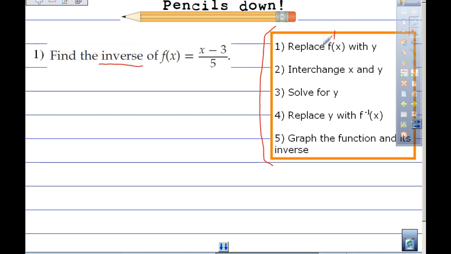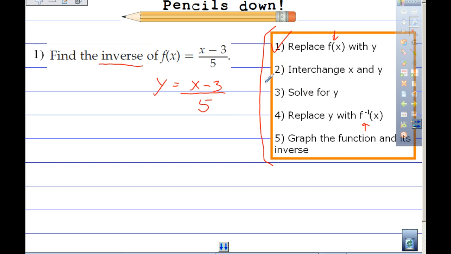Now, we are starting off with f of x, and we're going to end up with f inverse of x. We don't say f to the negative 1. We pronounce this the inverse of f of x. Okay, so we'll just start off by saying, okay, let's make the f of x y instead. Okay, so that's step 1.